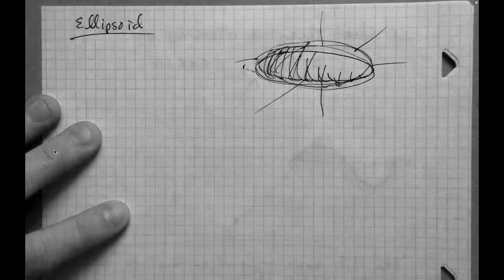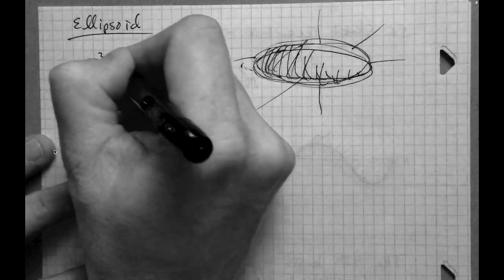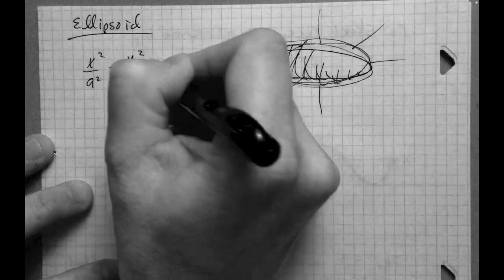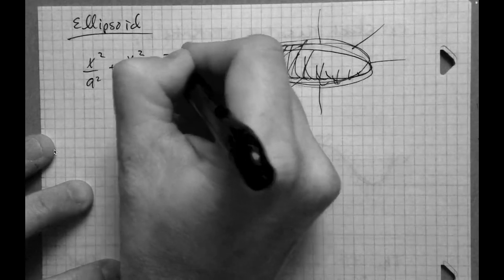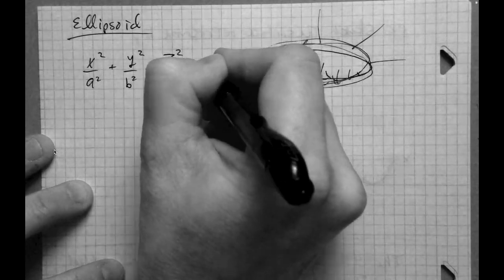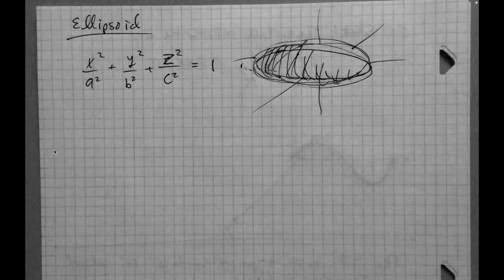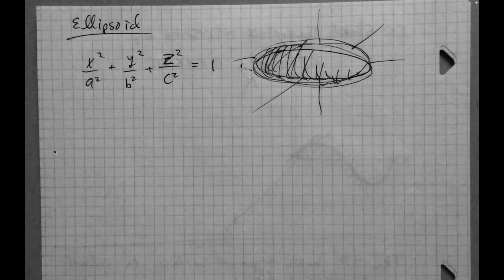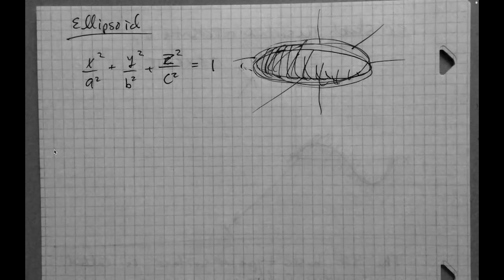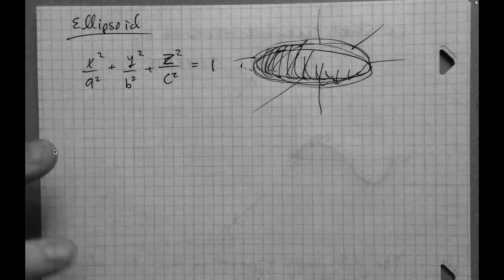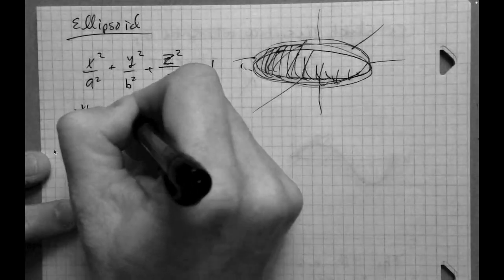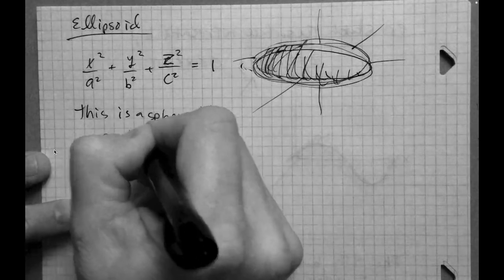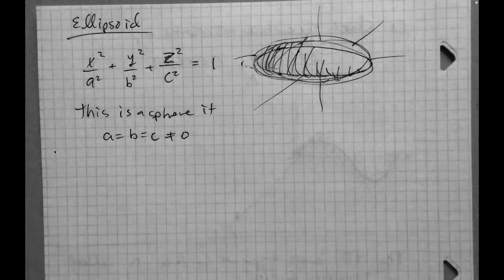and the equation of an ellipsoid is x squared over a squared plus y squared over b squared plus z squared over c squared equals 1. Okay, and this surface is technically going to be a sphere if the denominators are all the same. Right, so this is a sphere if a equals b equals c, and that's obviously non-zero.